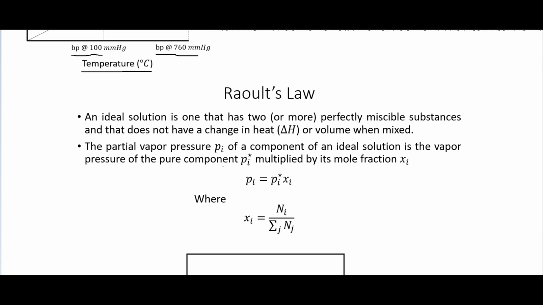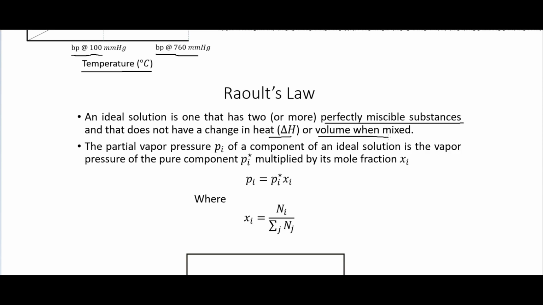All right, and so we also want to think about what's called Raoult's law. If we have an ideal solution, which is one that has two or more perfectly miscible substances and does not have a change in heat or volume when mixed.